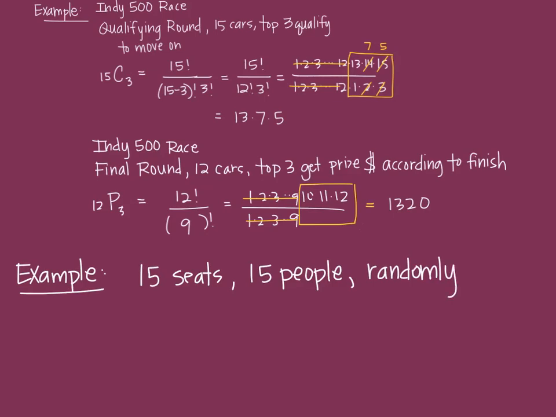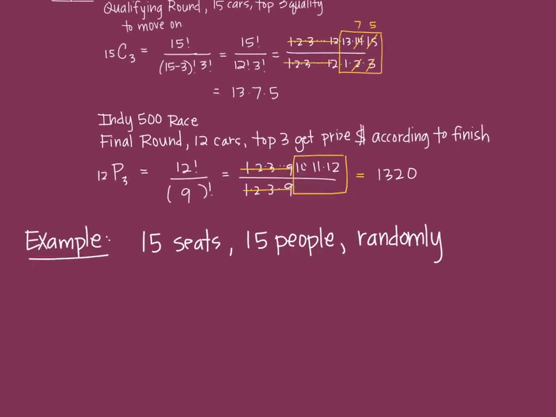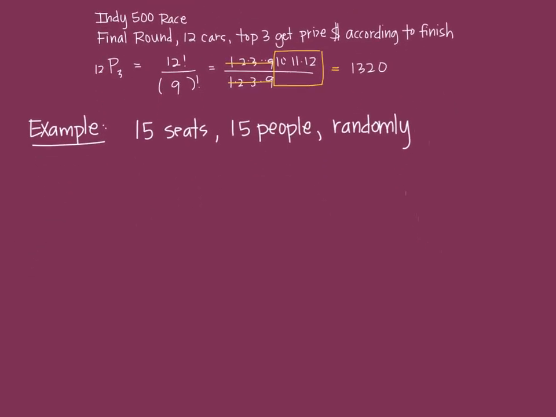So I'm allowing these people into the room and they are selecting it randomly. The word randomly is your clue. There is no advantage to the seat that you choose. It doesn't matter how the seats are assigned. And so this is a C situation because the order doesn't matter.